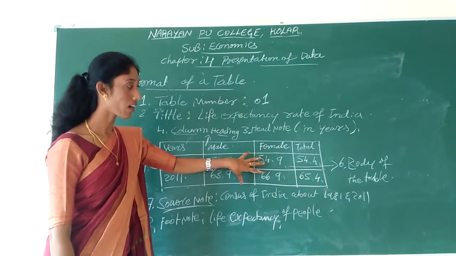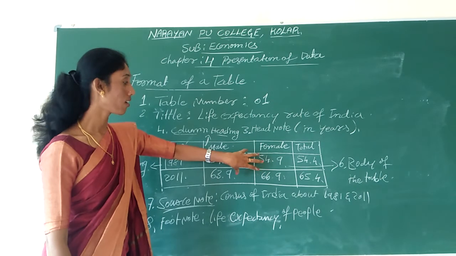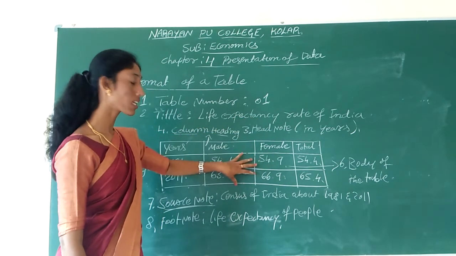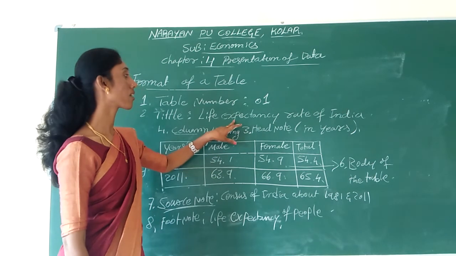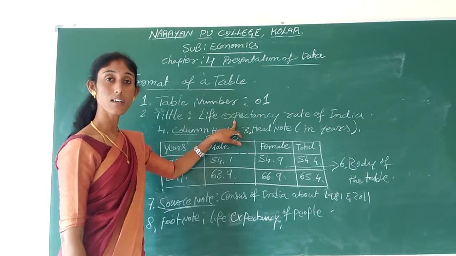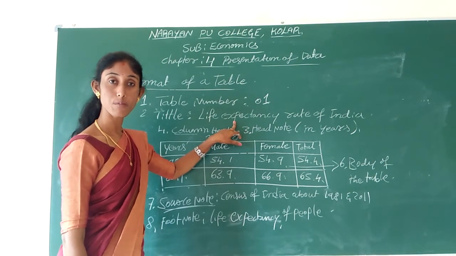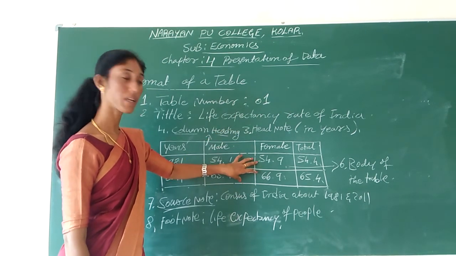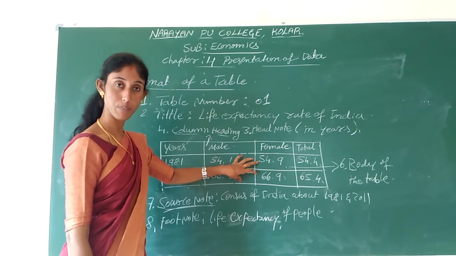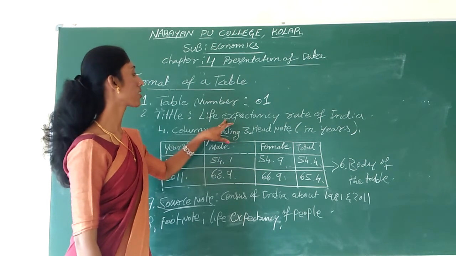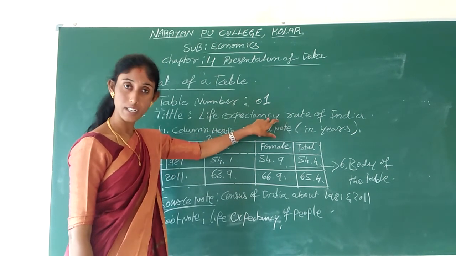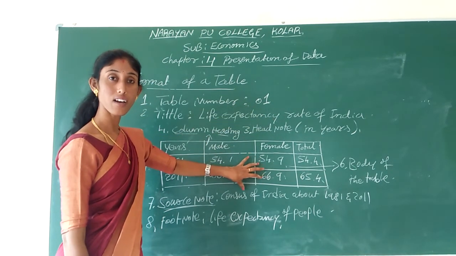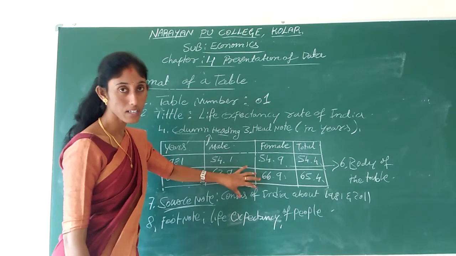If we are presenting marks of a student, then we should give the title as marks of a particular subject of a student. Or if we are mentioning the life expectancy of people in the country, then we give the title life expectancy rate of India. Likewise, the title will be most related to the data which we entered in the table.